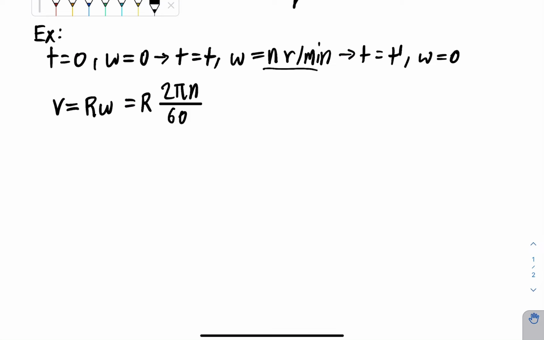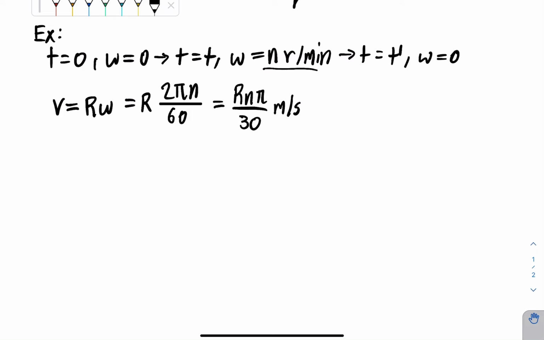We need to multiply by 2 pi, and then we need to divide by 60 as well, because we are dealing with minutes as opposed to seconds. So we will get 2 pi n over 60 times r, which is equal to r n pi over 30. And this is in meters per second.